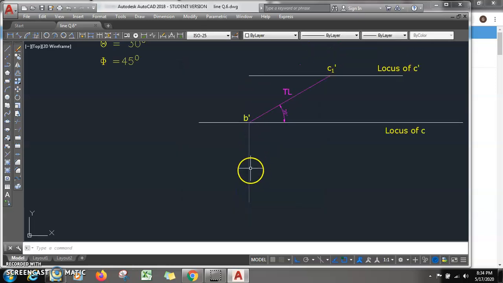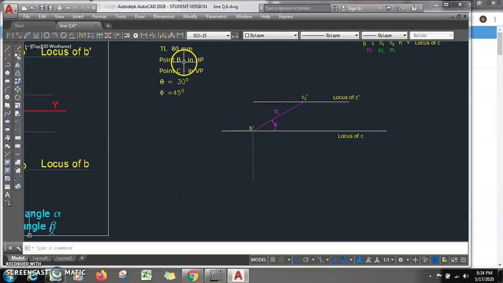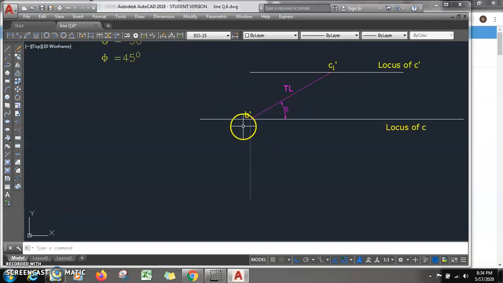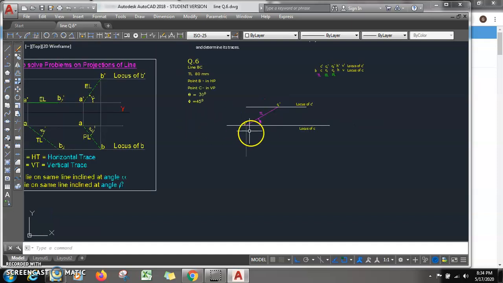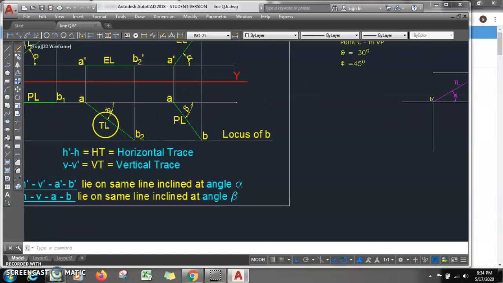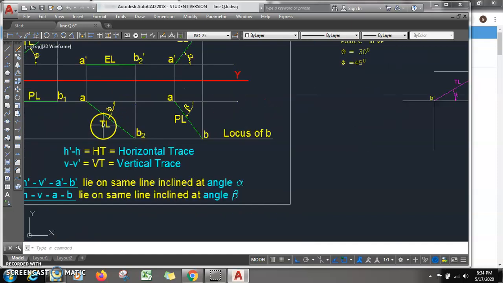Now the location of small b is not given. So we have to assume it, because whenever true length is at angle phi, point B has to be there, otherwise we are not in a position to mark.